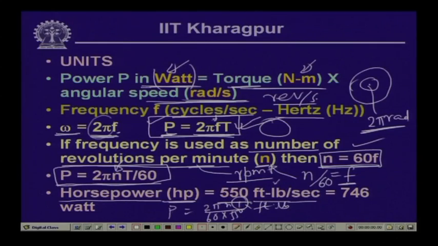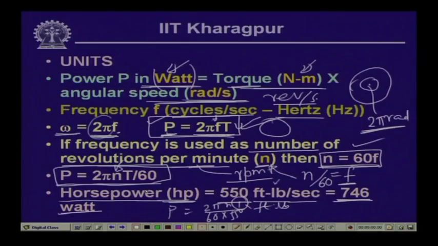Roughly, 1 horsepower is equal to 746 watt. So, if we use this relationship, and the power of a motor is defined in terms of horsepower, we can convert that in terms of watt, and we can use our relationship that watt is equal to Newton meter times torque multiplied by the radian per second as the angular speed.